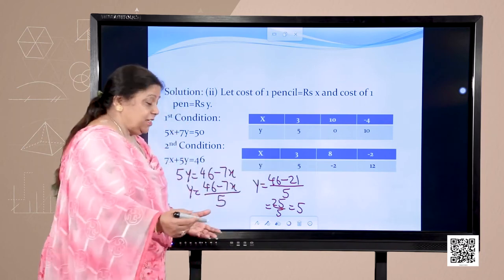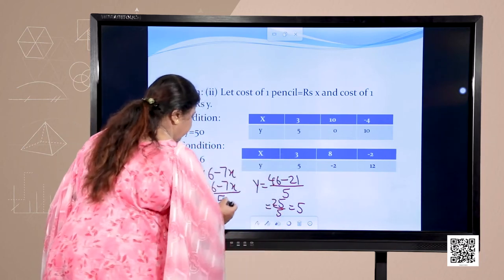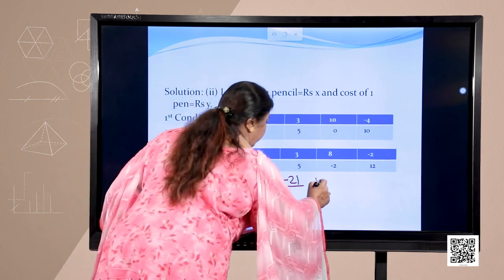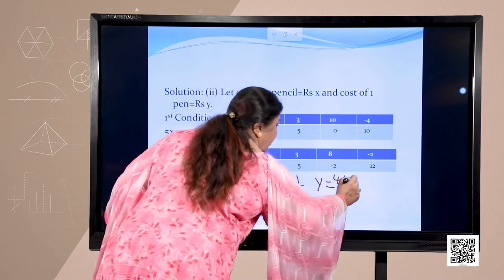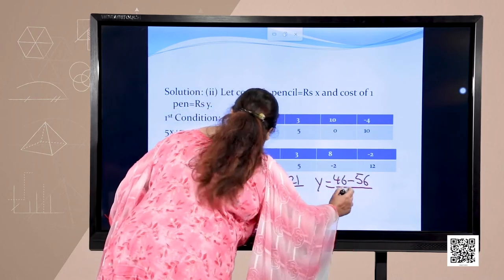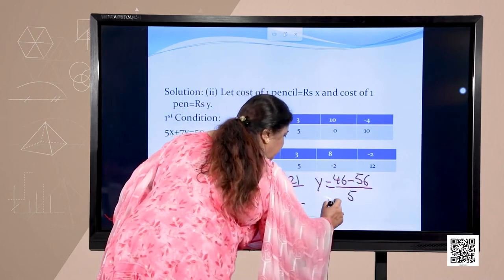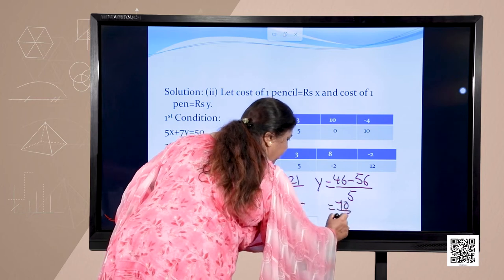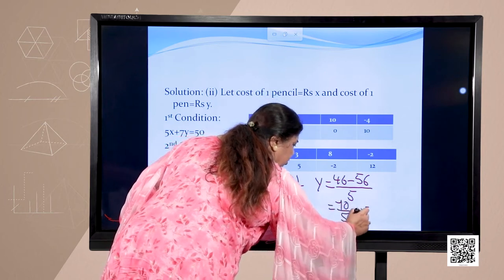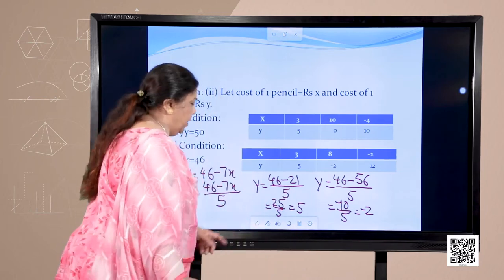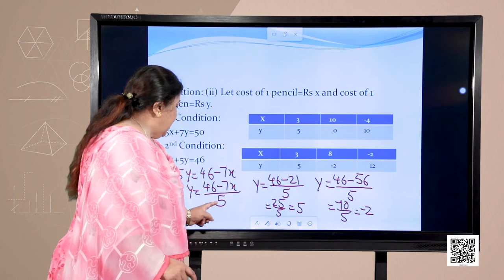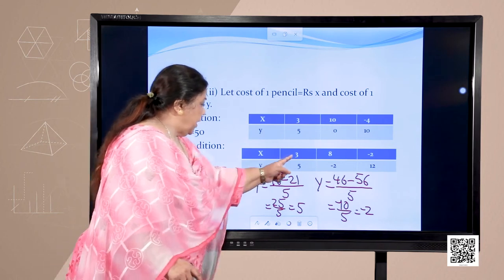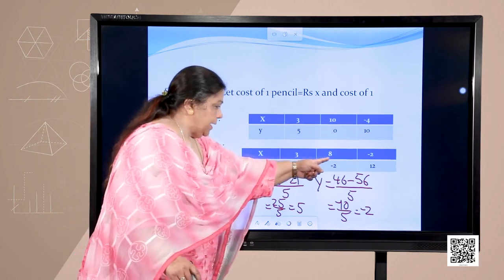Now the next value is easy to generate. 3 plus 5 is 8. So y is equal to 46 minus 8 sevens are 56 upon 5. That gives me minus 10 upon 5, that is minus 2. Now once we can add, next we can subtract also. That means 5 plus 3 was 8.